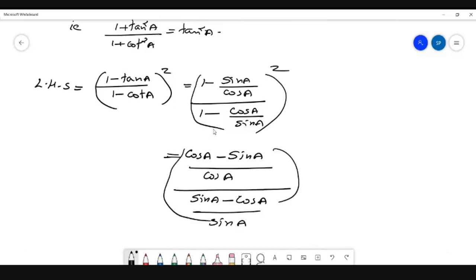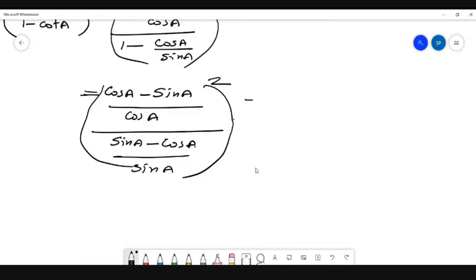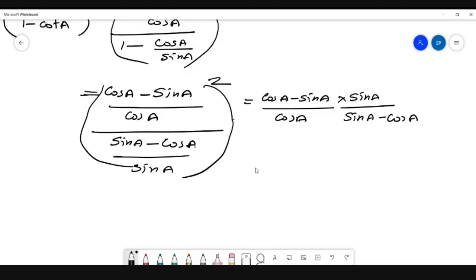Now this is equal to (cos A minus sin A) divided by cos A, into, take the reciprocal and multiply, sin A by (sin A minus cos A) whole square.